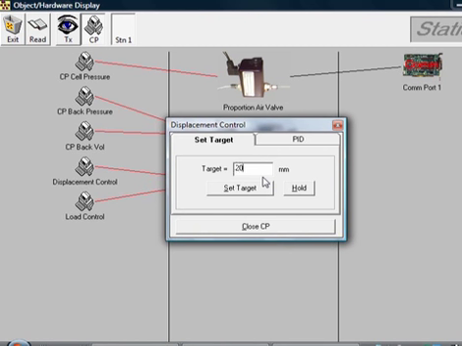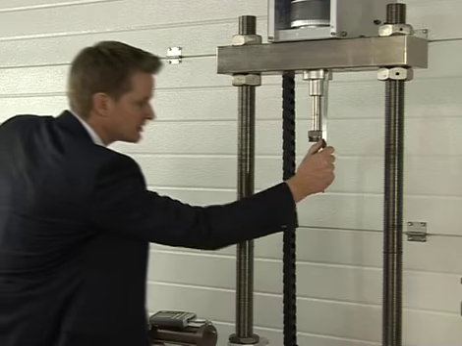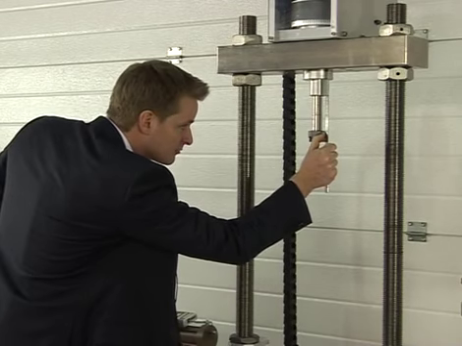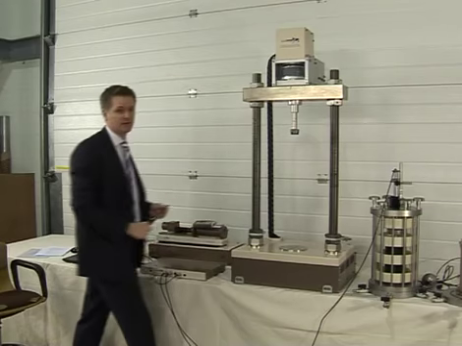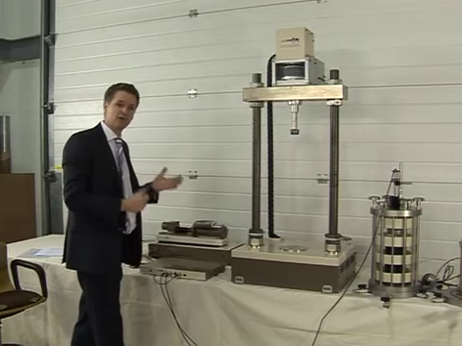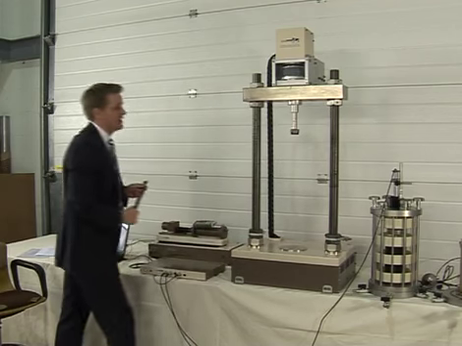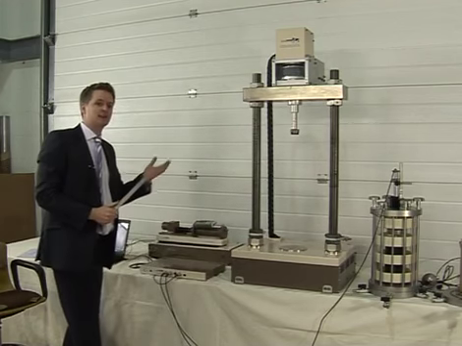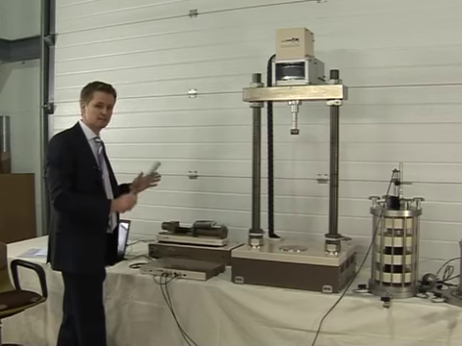As soon as I say set target, the RAM will move, hopefully by 20 millimeters. If I take a measurement, we will see that the RAM from the crosshead is now 160 millimeters, so I'm happy. We're in the right ballpark. I haven't measured it particularly accurately, but it's showing me that I'm not a factor of 10, I'm not a factor of 2, it's pretty much 20 millimeters, I'm happy.